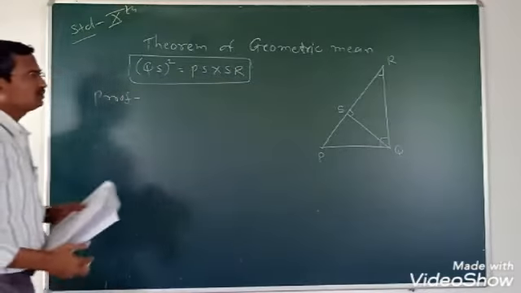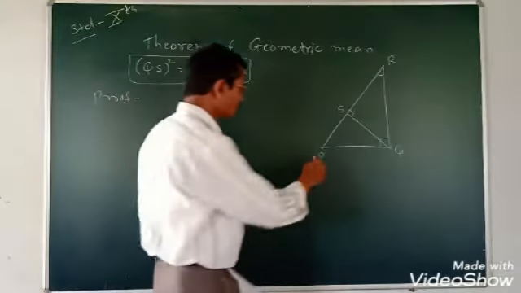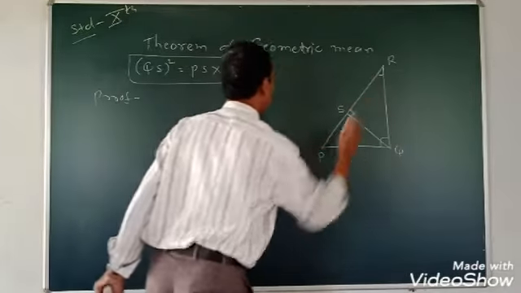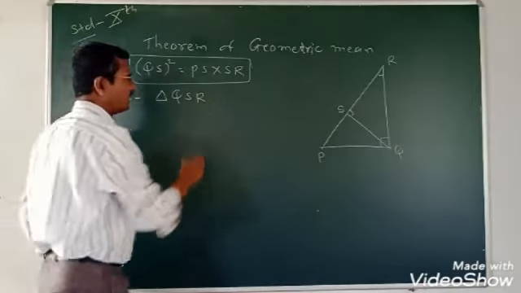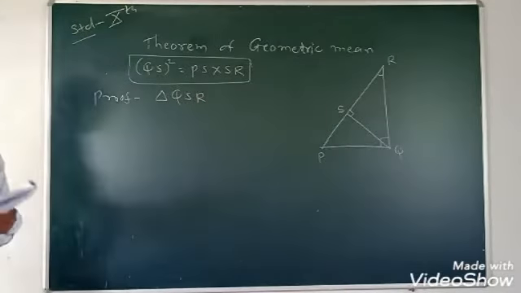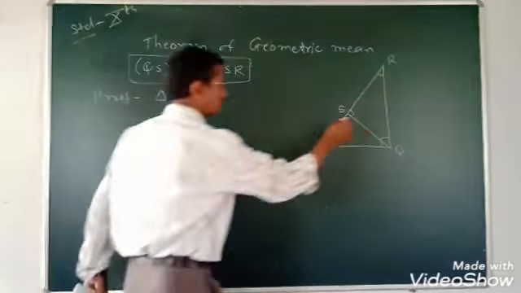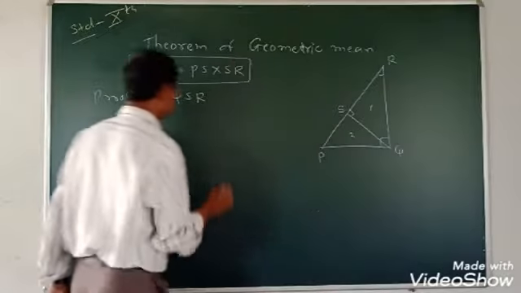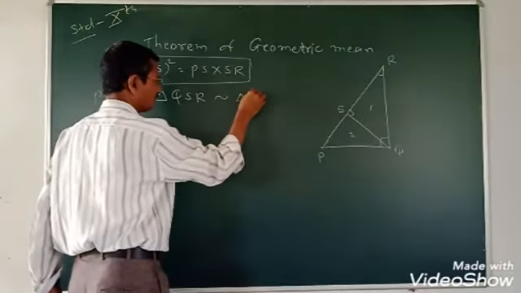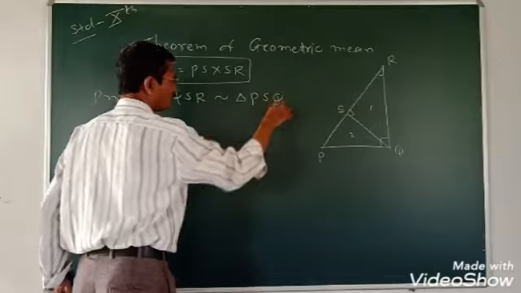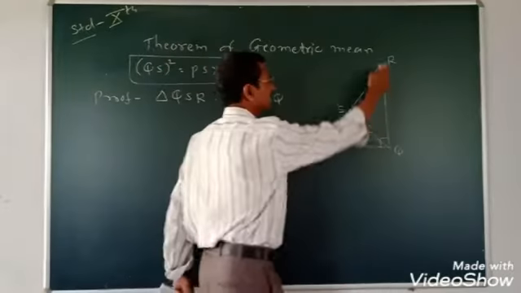Proof. Now select two triangles. Suppose triangle QSR. Now take one triangle QSR and triangle PSQ. This was the first triangle, this is the second triangle, triangle PSQ. These two triangles are similar. Why similar? Because it is a right angle triangle.